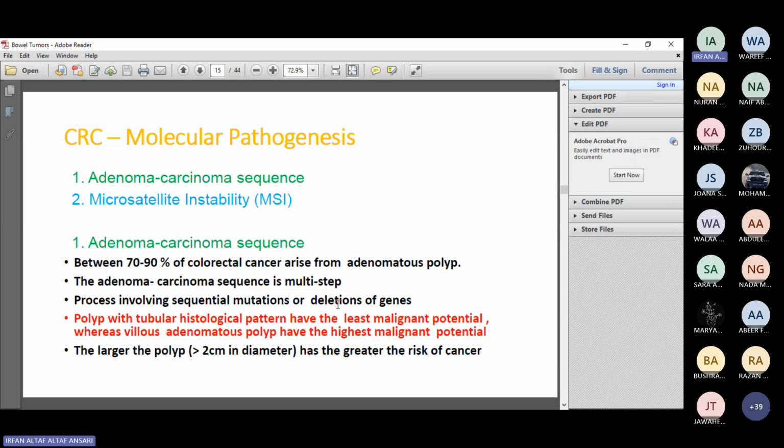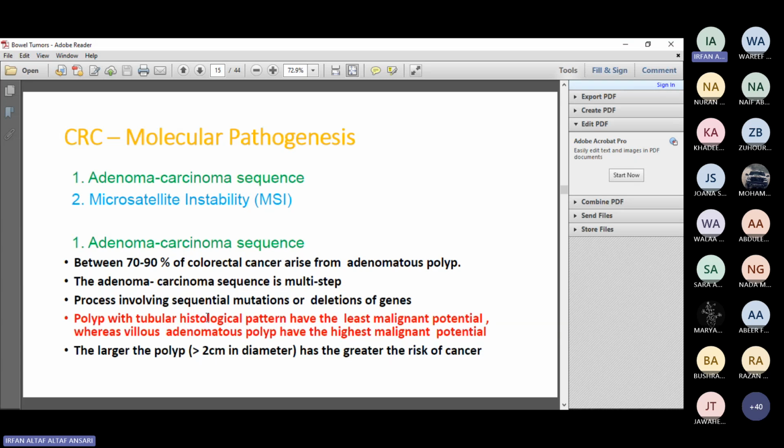Between 70 to 90% of colorectal carcinomas arise from adenomatous polyps. First they have an adenoma, then this adenoma goes into dysplasia and then into carcinoma. The adenoma carcinoma sequence is a multi-step progress and involves various genes, like mutation, deletion, tumor suppressor genes, oncogenes, signal transduction genes, the angiogenetic mechanism, and genes leading to invasion.